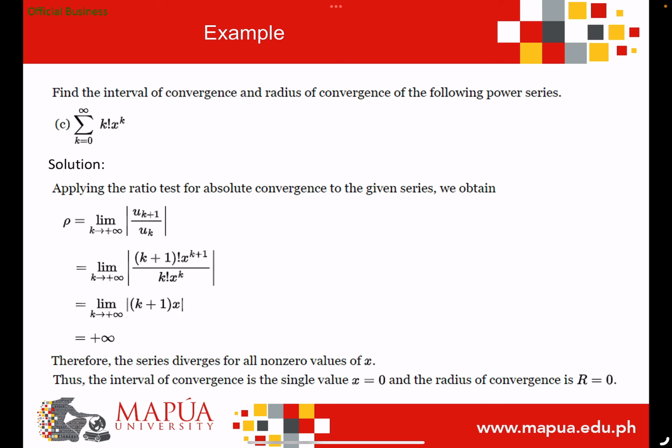For our third example, find the interval of convergence and radius of convergence for the following power series: k factorial x raised to k. So for this one, your a sub k plus 1 is equal to k plus 1 factorial x raised to k plus 1, and your a sub k is k factorial x raised to k.